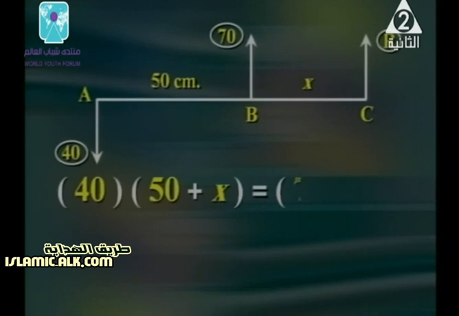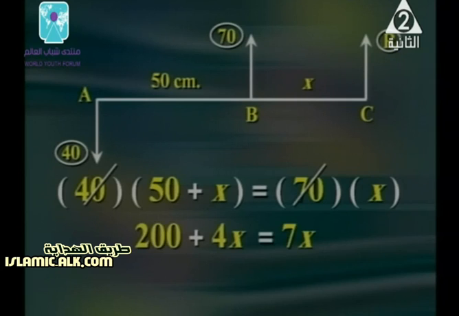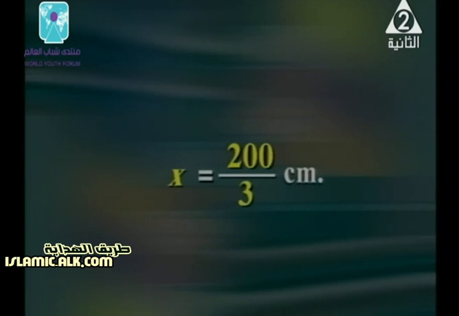By using the theorem of the moment about C, 40 times 50 plus x equals 70 times x. Dividing by 10, therefore 200 plus 4x equals 7x. What is the value of x? Then 200 equals 3x, divided by 3, x equals 200 over 3 centimeter.